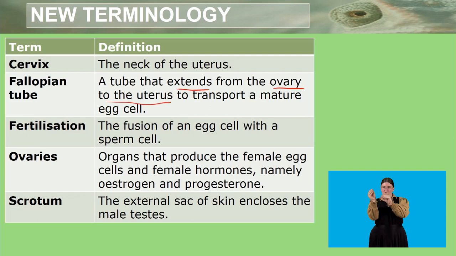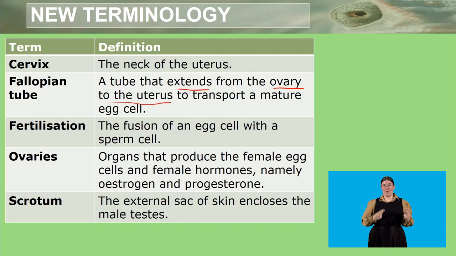Then we are going to come across the word fertilization, which is a process that involves the fusion of an egg cell with a sperm cell. We are also going to learn about ovaries, and these are organs that produce the female egg cells and female hormones, namely estrogen and progesterone.